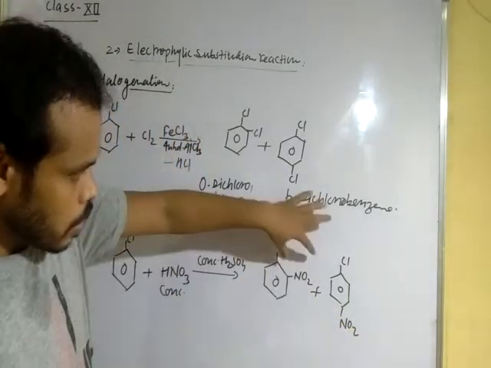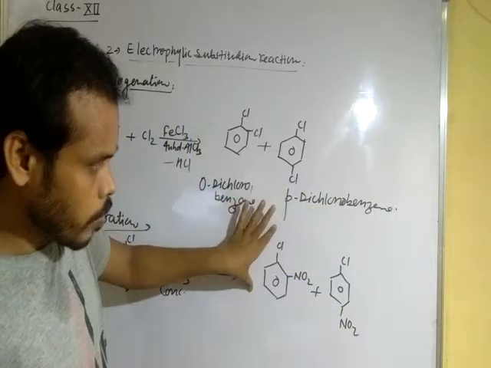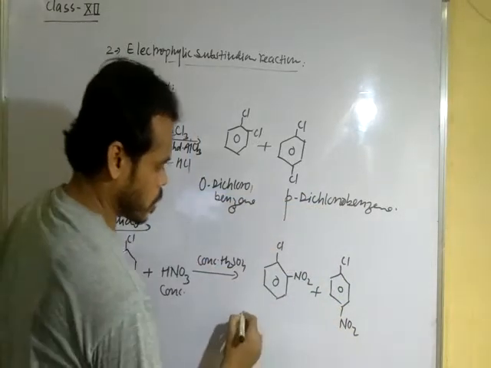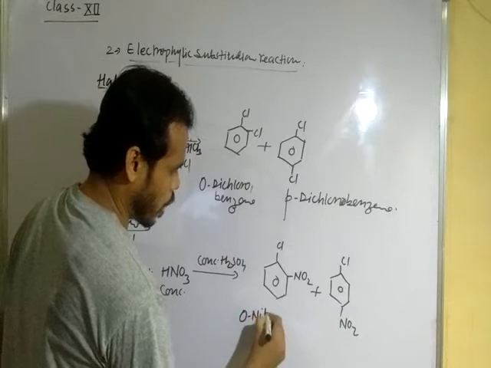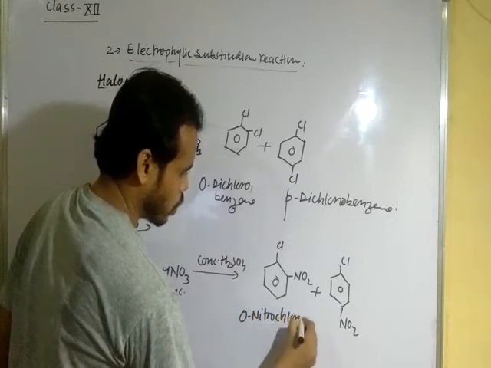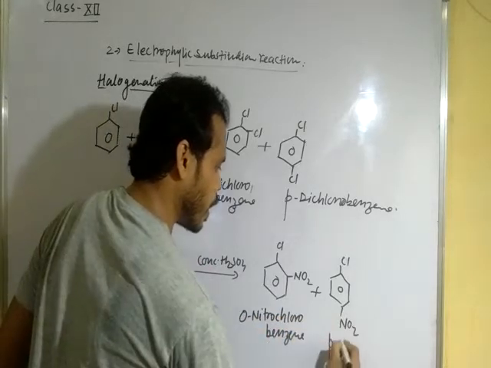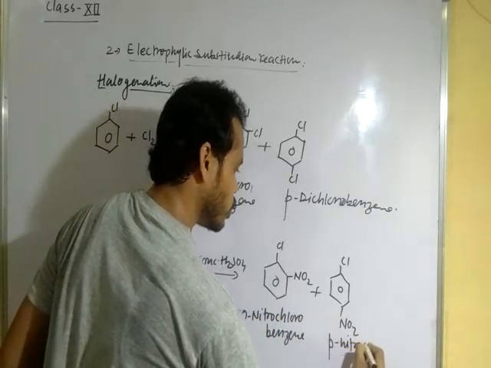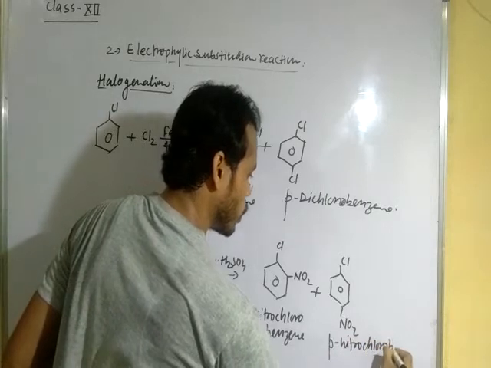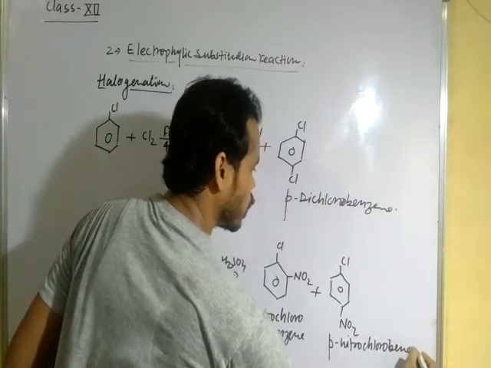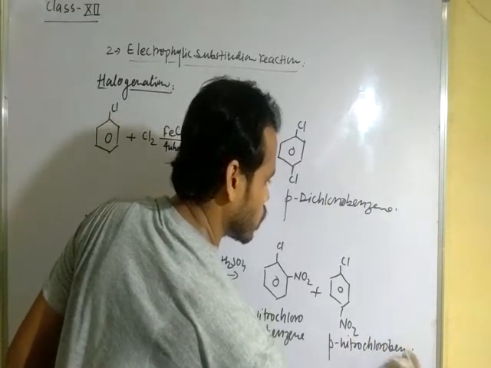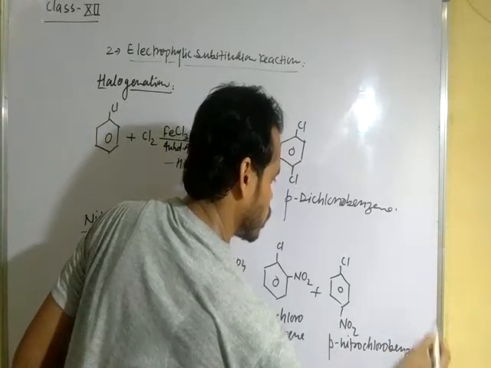That means ortho nitrochlorobenzene and para nitrochlorobenzene. Clear?